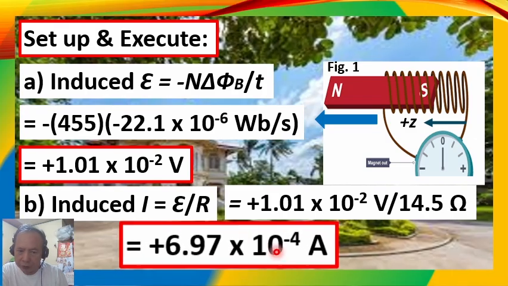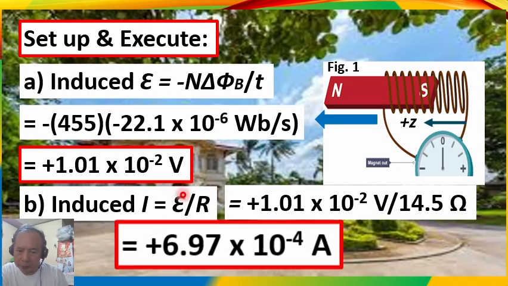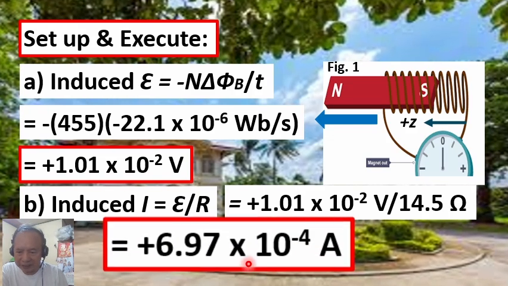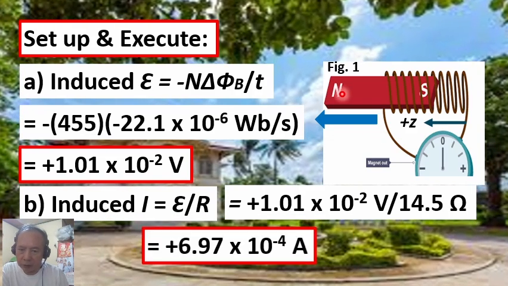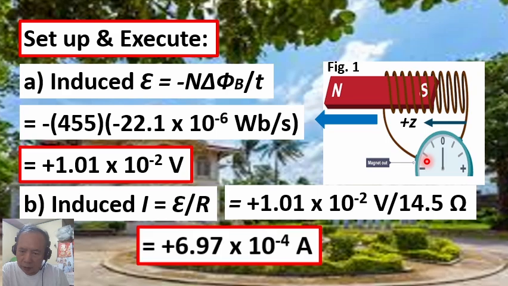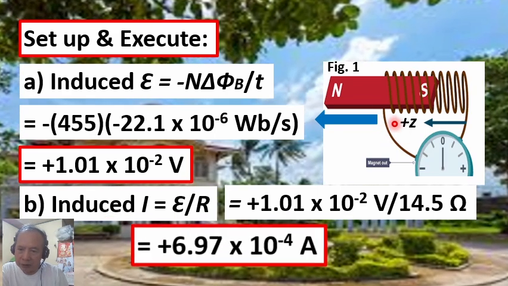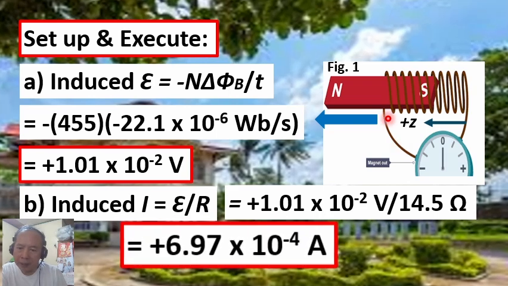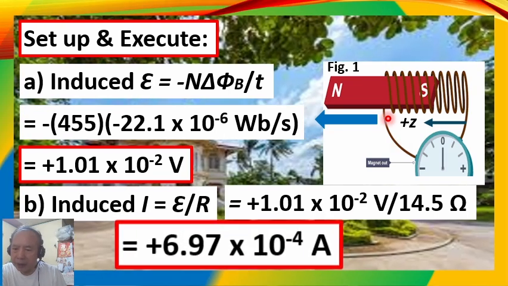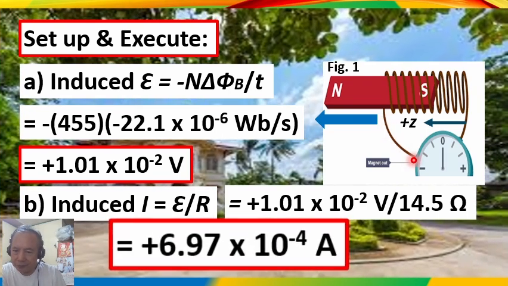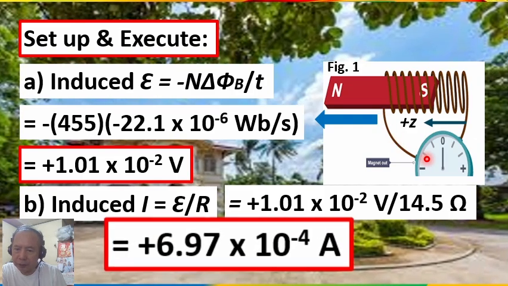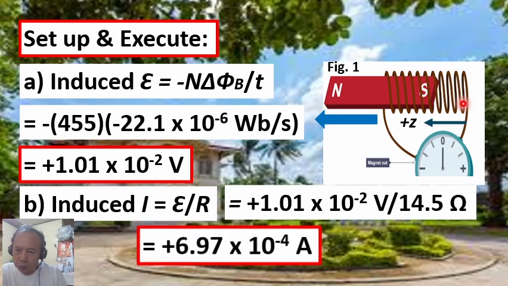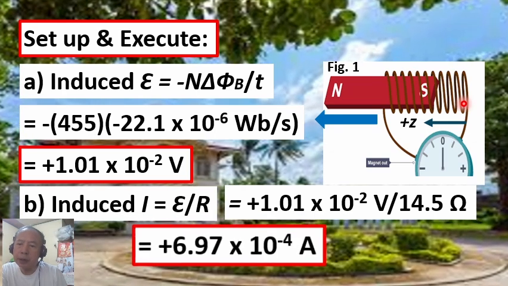So, because the induced EMF is positive, it follows that the induced current is also positive, which means, based on our illustration in the figure, we can imagine the current to be flowing from the end of the coil with a higher potential, passing through the galvanometer, and going back to the end of the coil with a lower potential.